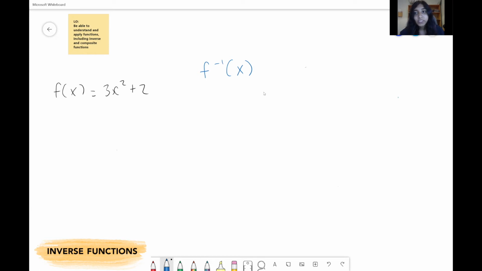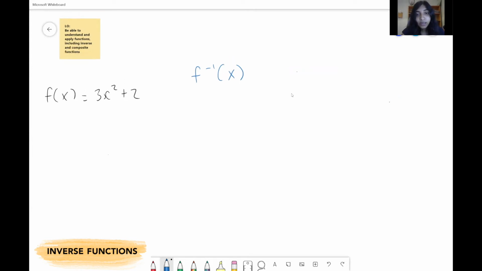So it's one that matches every number in the range to a number in the domain. And it has a special property that if you do f of f inverse x, you would get the same as the other way around. So the order doesn't actually matter for this one.